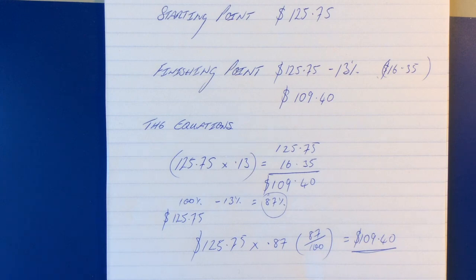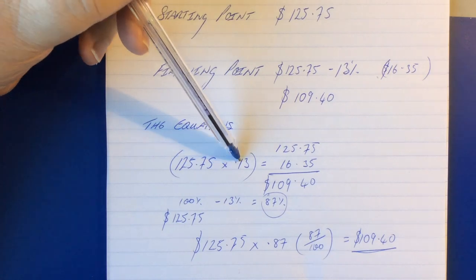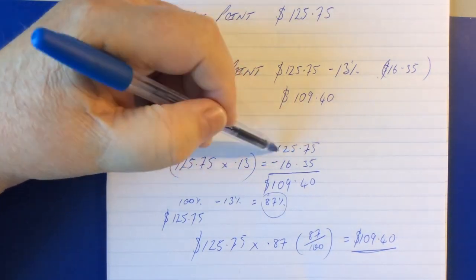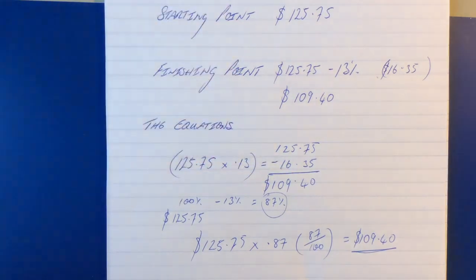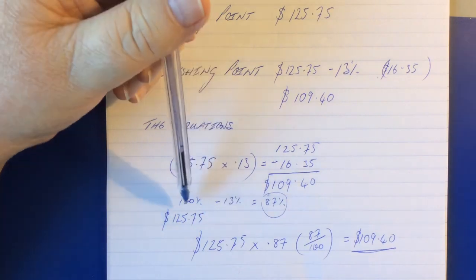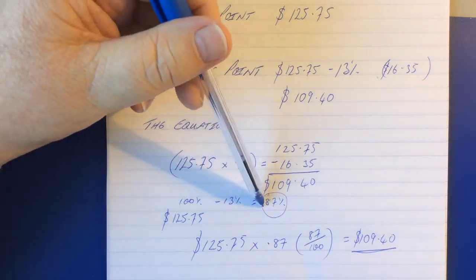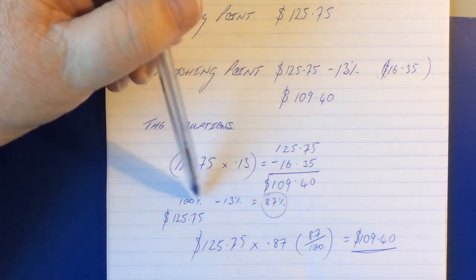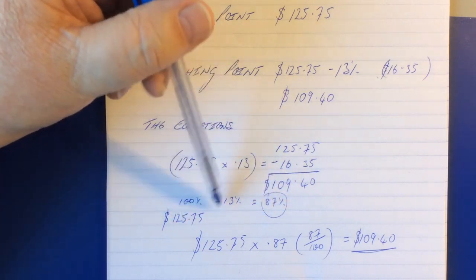So, how do I discount an item by 13%? Well, there are two ways. I can work out what 13% of it is and subtract that from the original price, which I think is a little bit clumsy. Or I can multiply this by a discounting factor, which is what this is. 100% was the original price.